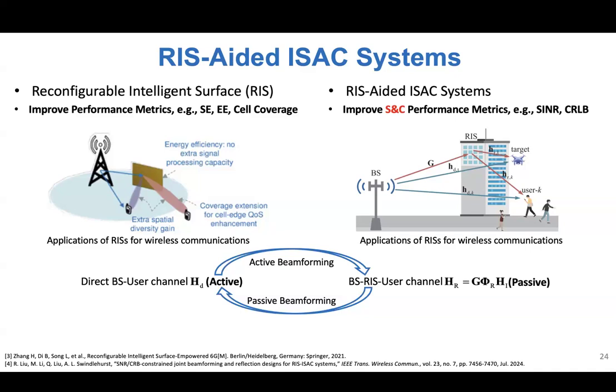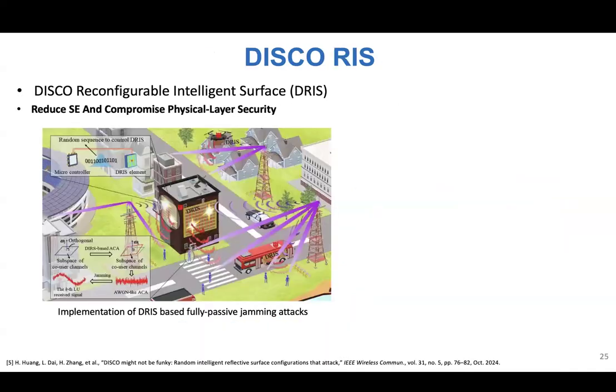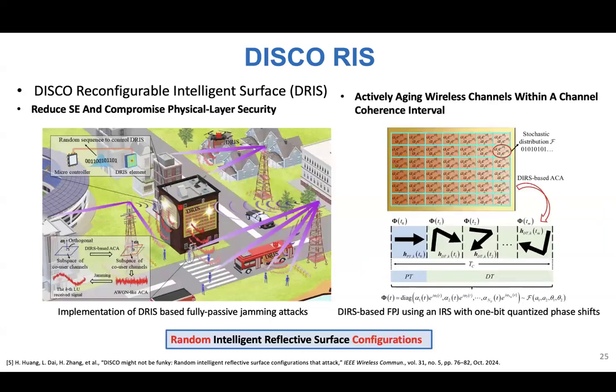Also, we can design the active beamforming and passive beamforming to improve the overall performance by having the extra path. So this is a kind of optimization. And here, what this paper proposes is the disco reconfigurable intelligent surface.